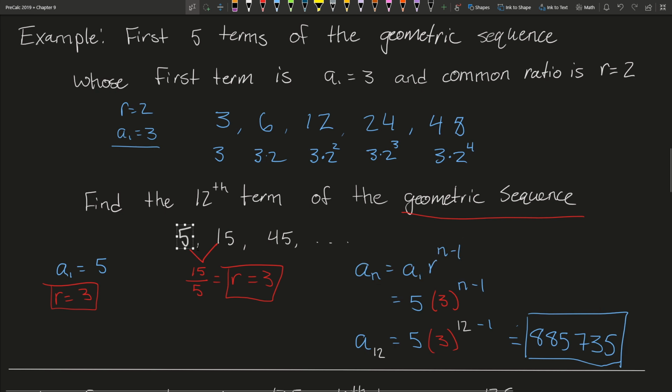That A0 is a little bit misleading sometimes. We can still write the 0 term of the sequence by just plugging in 0 into n. So instead of 1, which just gives us 5, we plug in 0.